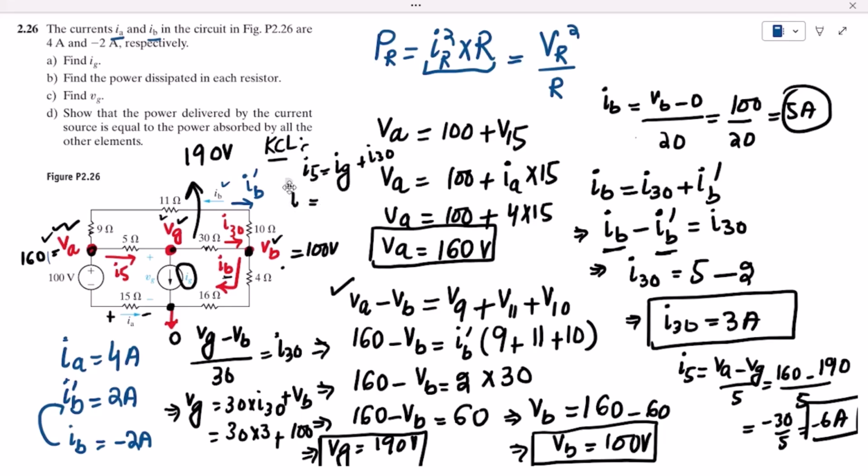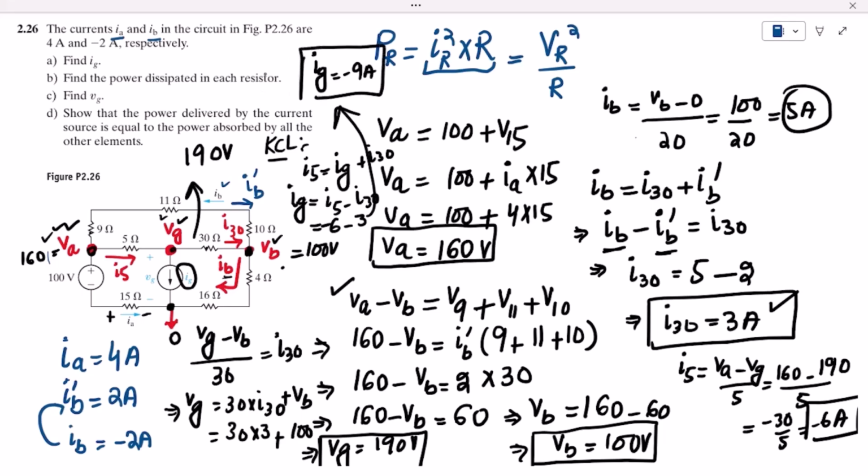Therefore, the value of IG we have to find out, and that would be I5 minus I30. The value of I5 is minus 6, and the value of I30, that is already known, is 3. So minus 6 minus 3, from which we find the value of IG, that is minus 9 amperes.